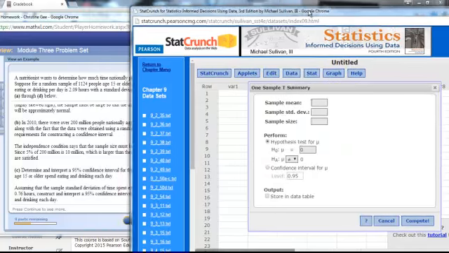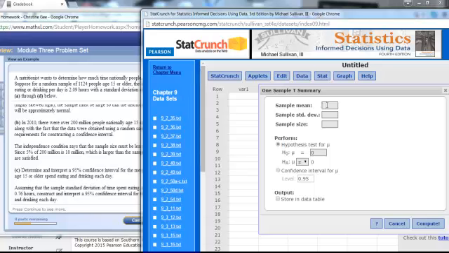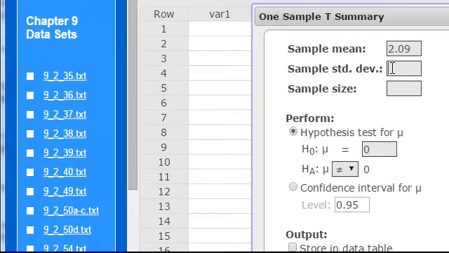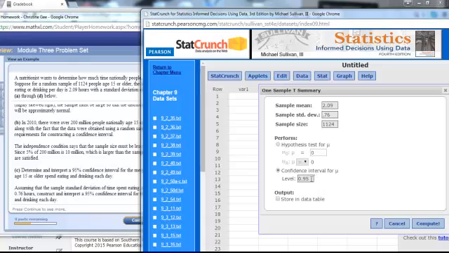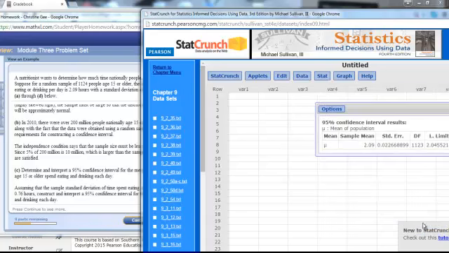Here we've got the mean, which is 2.09 hours, the sample standard deviation is 0.76 in the problem, and the sample size is 1,124 people. Hypothesis testing will be in the next module. Here we want the confidence interval. We can change the level if it has 90 or a different percent, but that looks good to go for now.